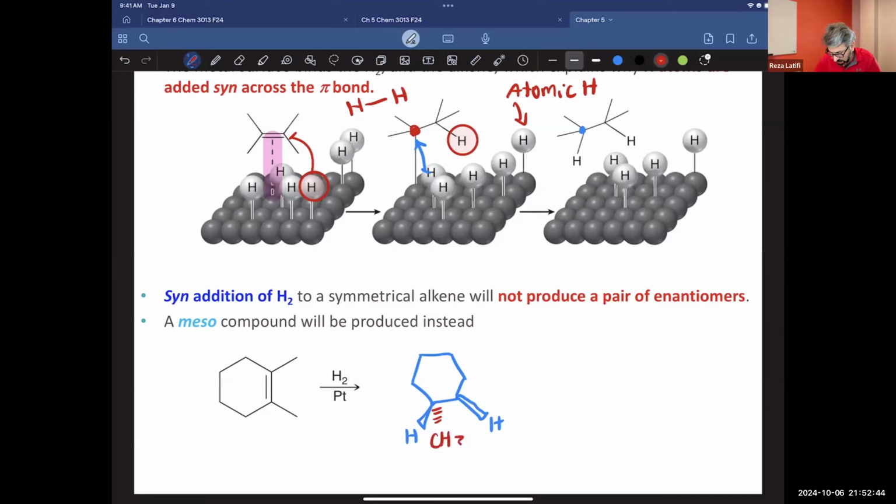So methyls are back here, and another one, I go methyl, it will be there. Or, I might get this structure. Methyls are facing to us, and the hydrogens are back of the molecule.